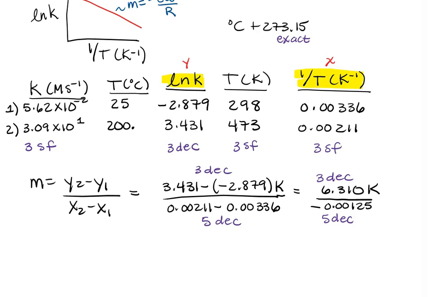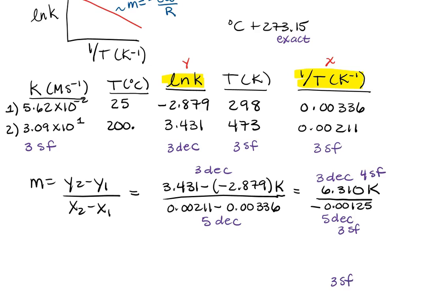Taking into account how many sig figs we have now, because although we had to keep track of decimal places in the first operations, we now have to look at the number of sig figs to do this final division. So our 3 decimal places at the top is 4 sig figs. We have 3 sig figs. So our final result is going to get rounded to 3 sig figs.